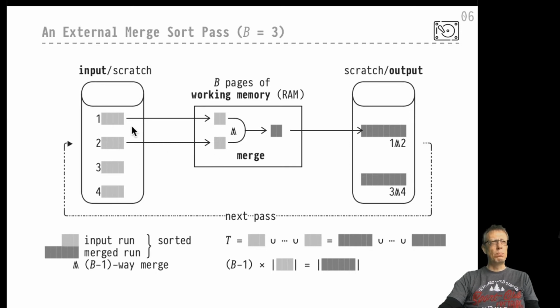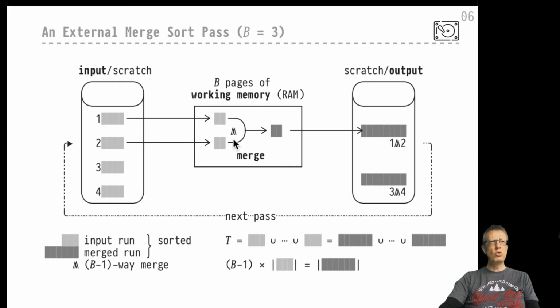B minus 1 runs will be read, or maybe only the first block of each of these runs, and then moved into working memory. The third page inside the working memory will be used to hold the merging result of these 2 read pages.